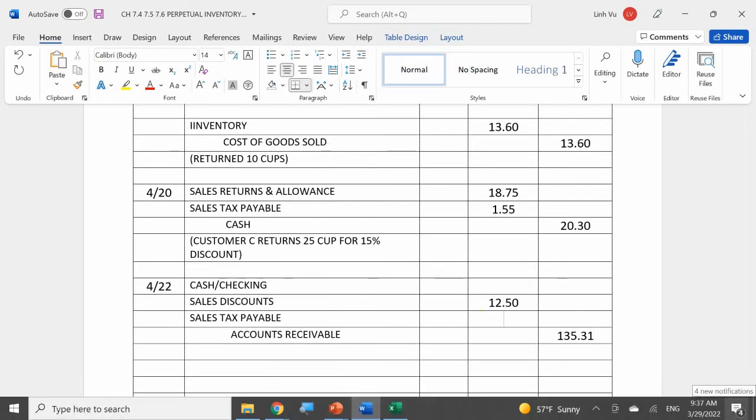Okay? Out of that $12.50, how much of the tax money do I have to give back? Because in this case, I charged customer B for the full amount for the items with the full tax. But because he's getting a discount off the items, I have to also discount the sales tax as well. Or not discount, but give the portion of the sales tax money back as well. $1.03. Okay? So $12.50 times 8.25% should give you $1.03.